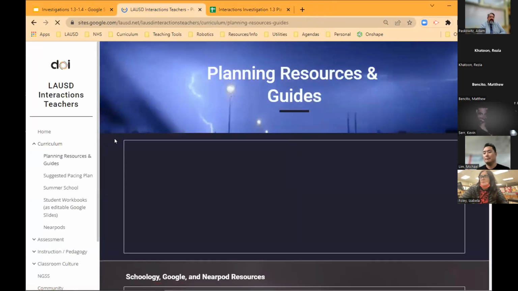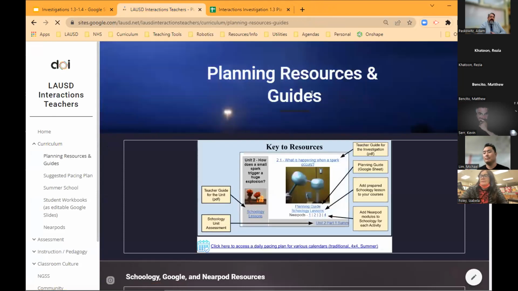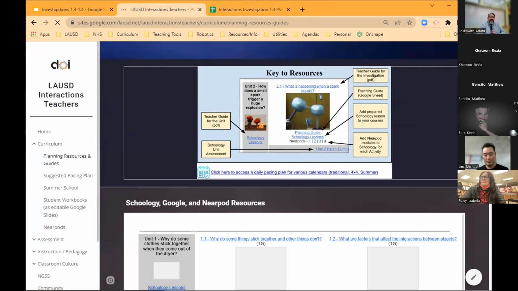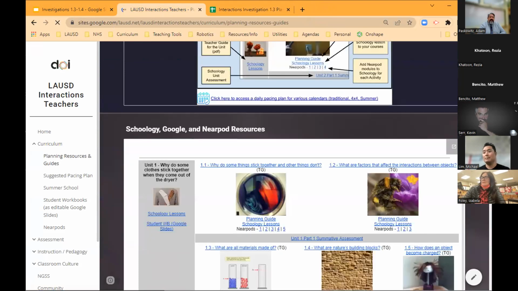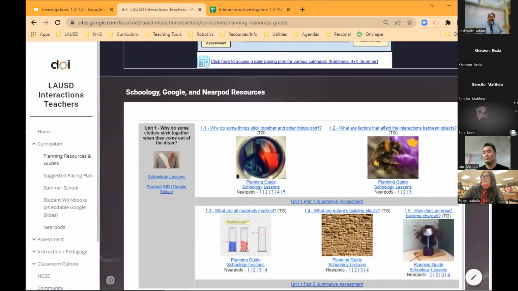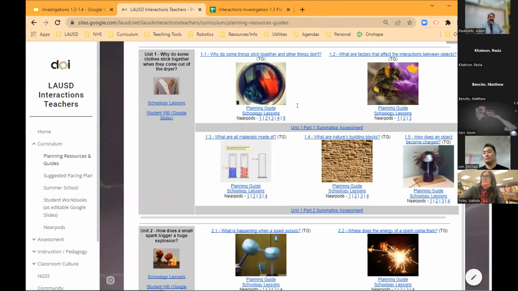Okay, so from the planning resources and guides page, this is a good overview of all the resources for all the different investigations. There's a key up here on how to use this guide. And then each unit is laid out here with these images.